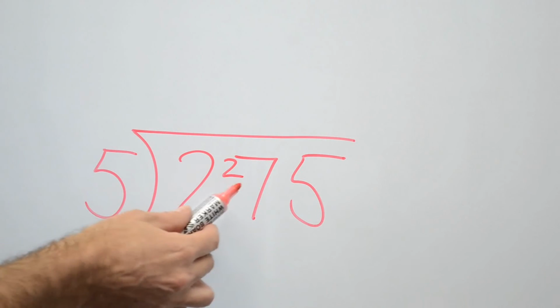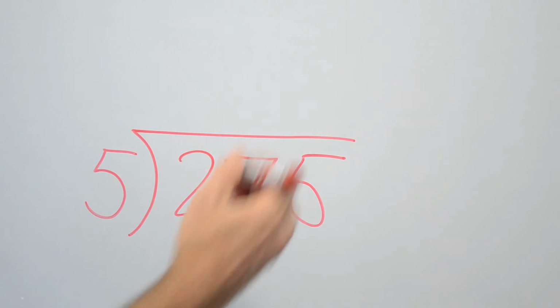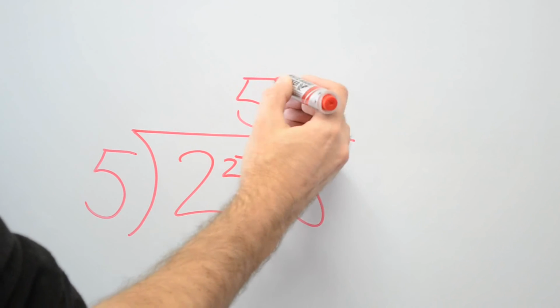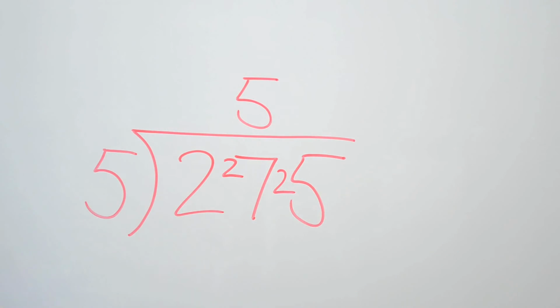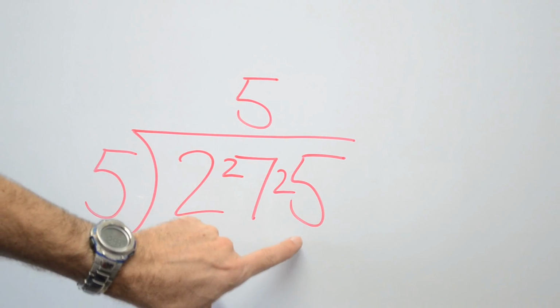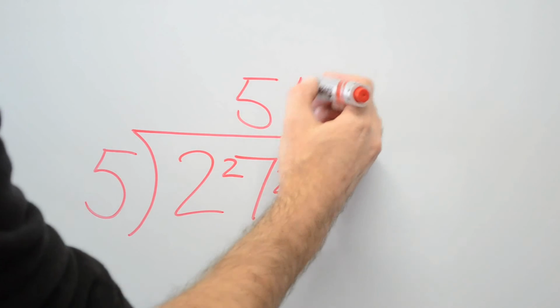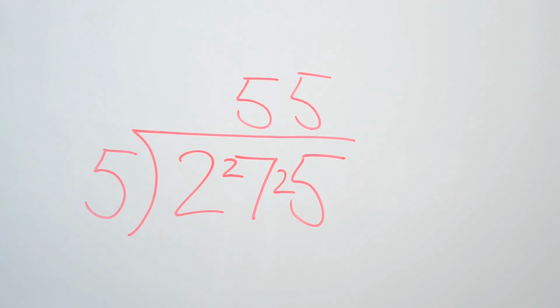So 5 goes into 27 how many times? 5 times, with the remainder of 2. And then with our remainder of 2 over here, we have 25. 5 goes into 25 5 times. So, if you got 55 for 275 divided by 5, I think you are right.